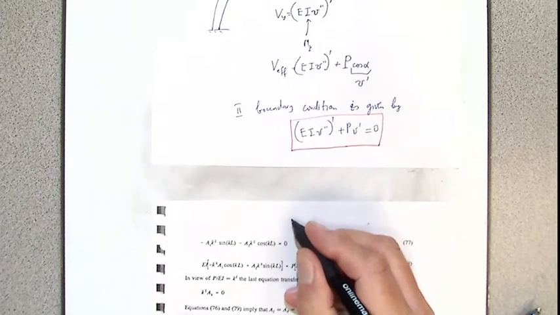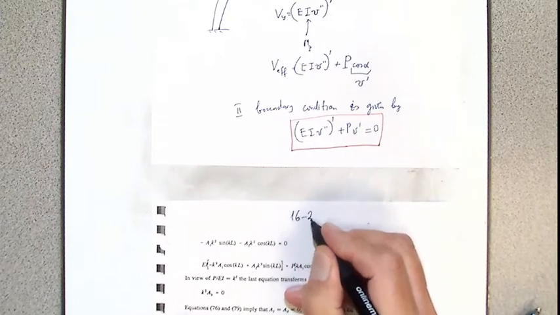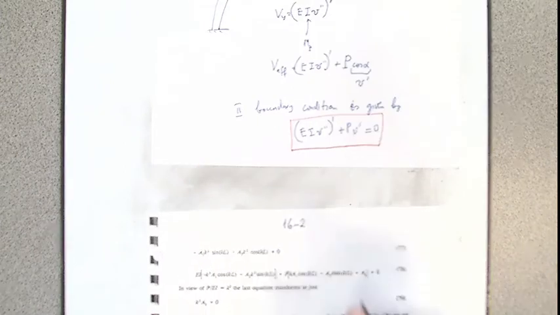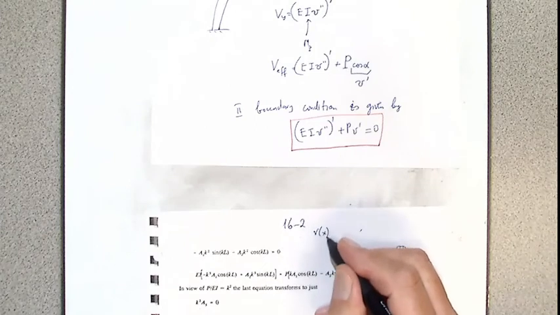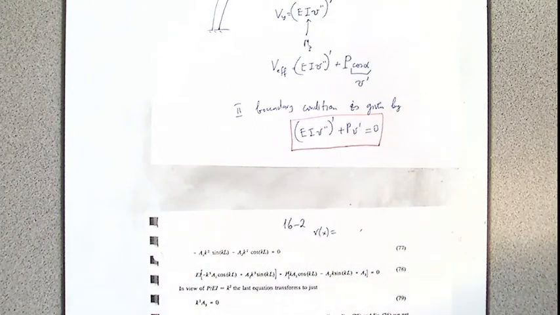So let us satisfy the boundary conditions. 16.2. So we have V of x equals, let me see what the general expression is. I will tell you also the page number.